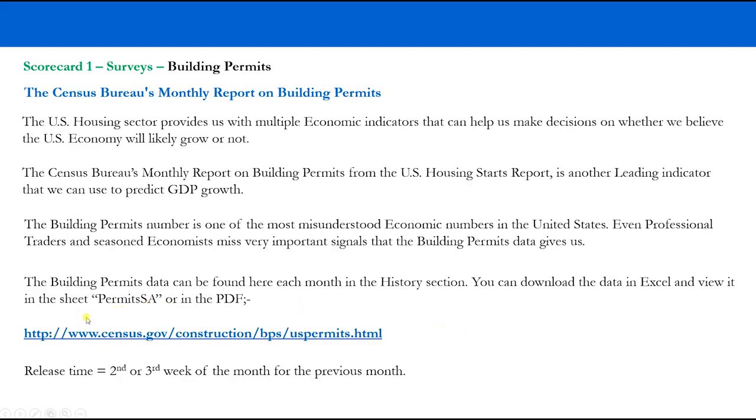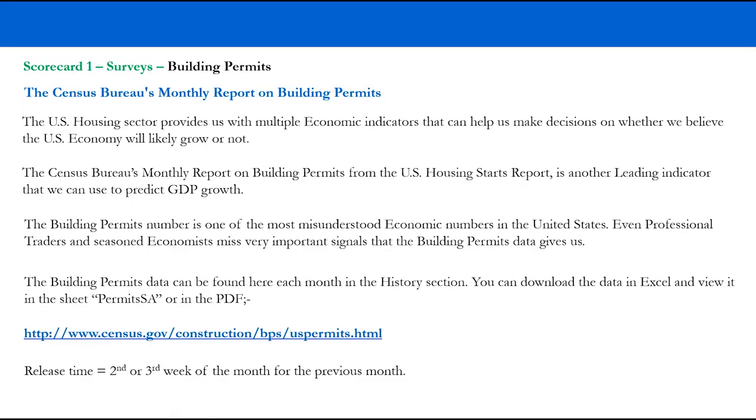And the link, if you follow this, you can get all the historical data from the original source at the Census Bureau. The housing starts report data is released in the second or third week of each month, and the data is for the previous month. So we've got it all available in the downloads, but you can go to the original source and get it from the link and in the sources section as well.